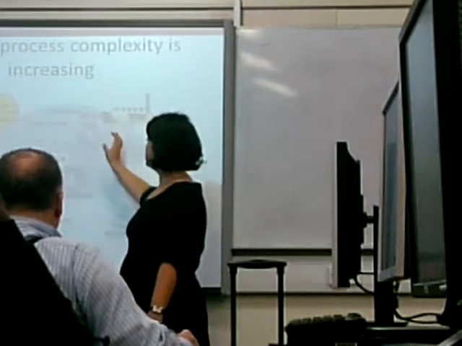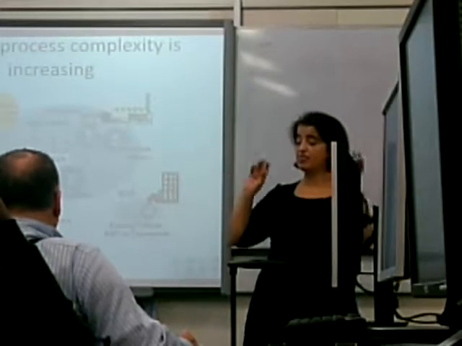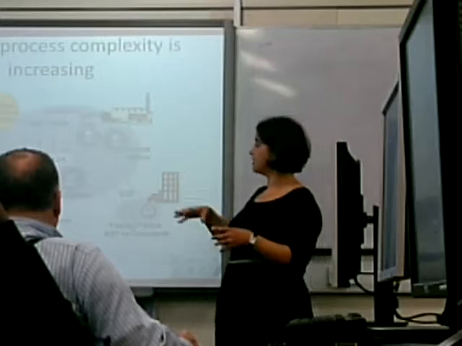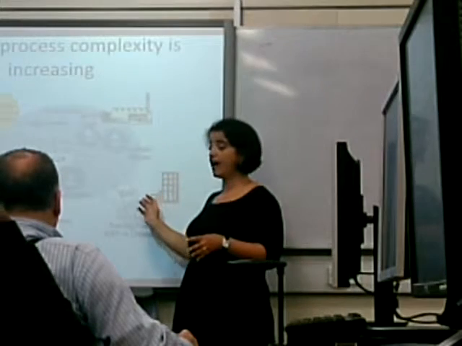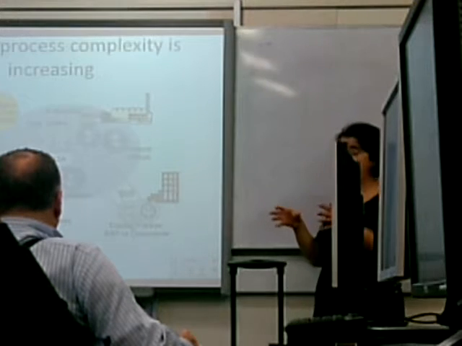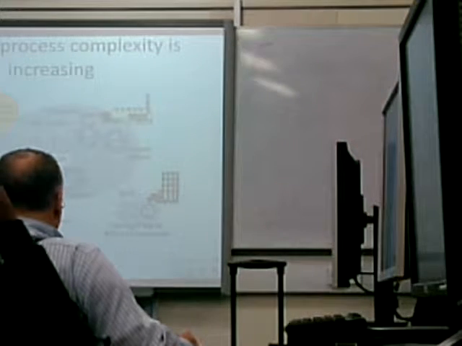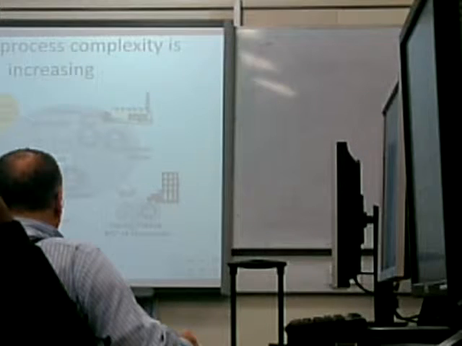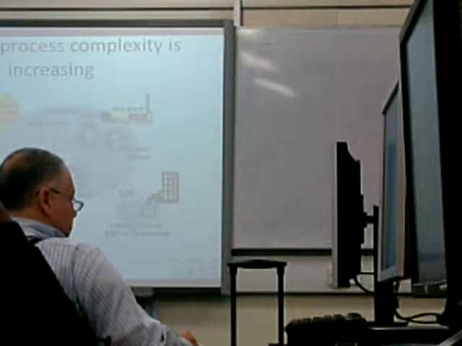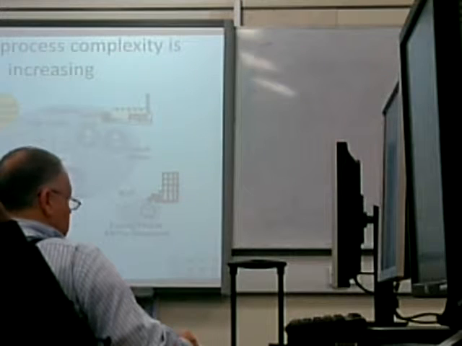And within the organization, they might have different branches. So all this adds a lot of complexity to any process that exists within an enterprise, and therefore we need a lot more tools and techniques to help us understand these processes and also support them.